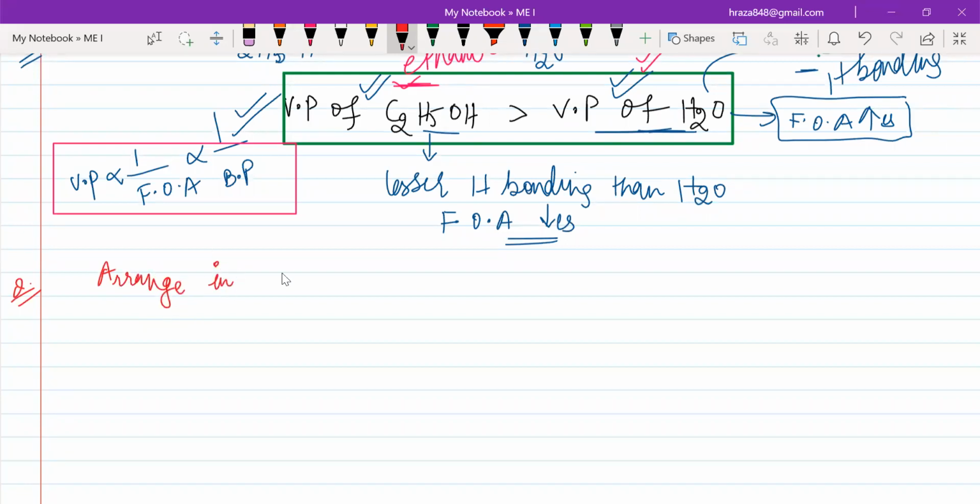Arranging in increasing order of boiling point.